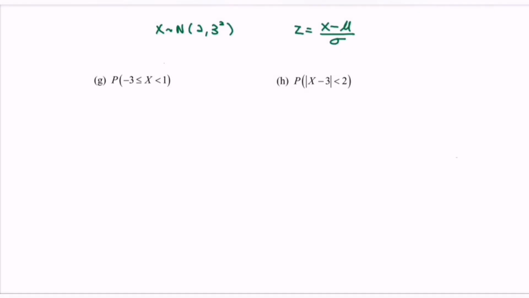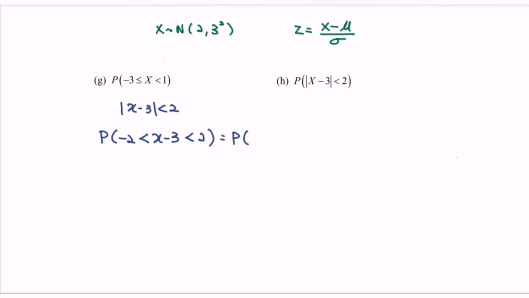Kindly refer to H, where we have the probability that modulus of x minus 3 is less than 2. Refer to the definition for absolute value. Modulus of x minus 3 less than 2 can be defined as the probability that x minus 3 is greater than -2 and less than 2. Simplify the situation.